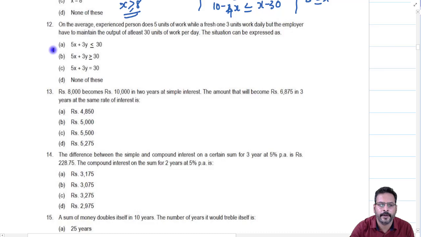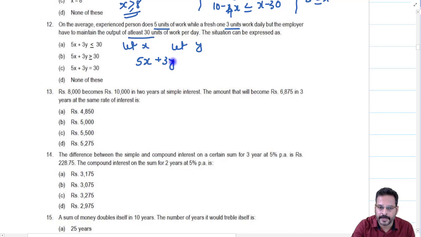Then, on an average, experienced persons do 5 units, while a fresh one does 3 units daily.